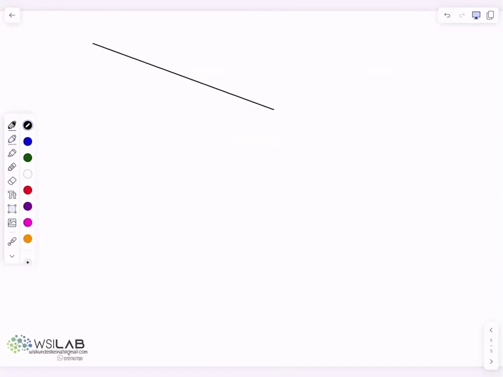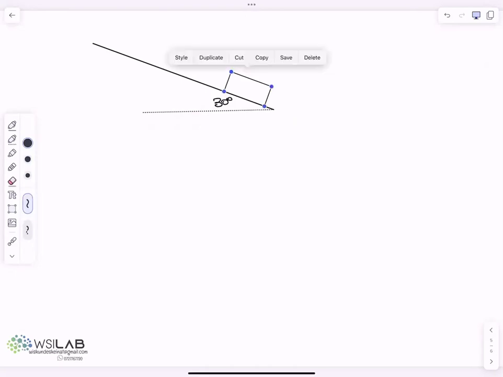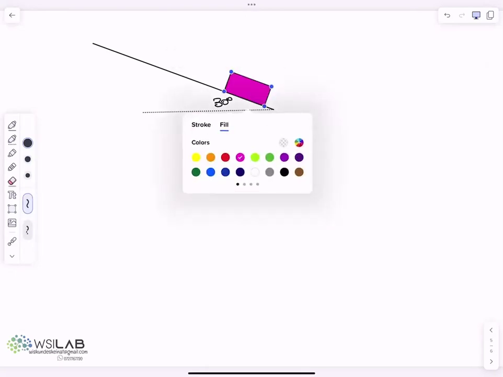Okay, there's a slope. Let's make an easy angle here, 30 degrees. Then I have a box at the bottom. I'm going to try and make a box there. A red box.